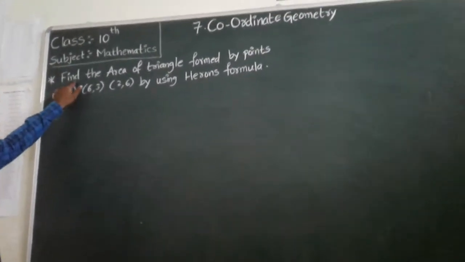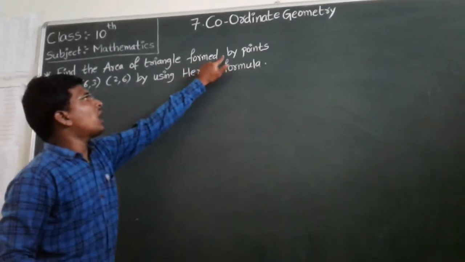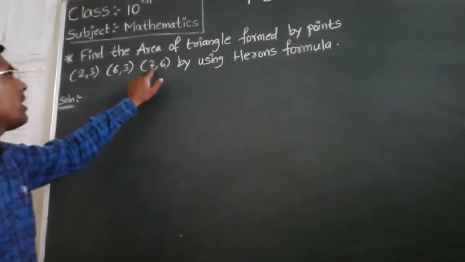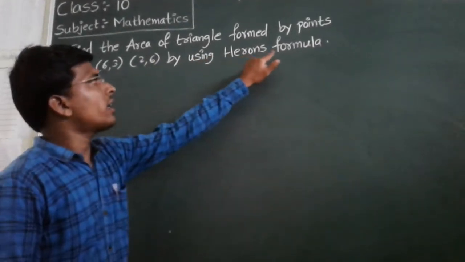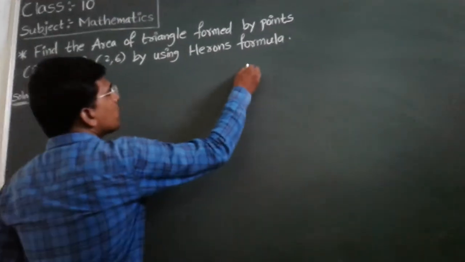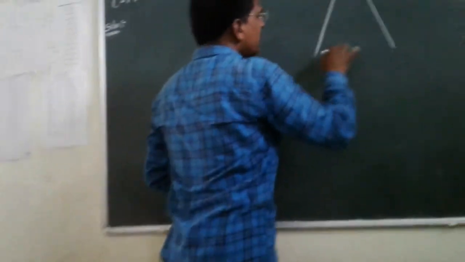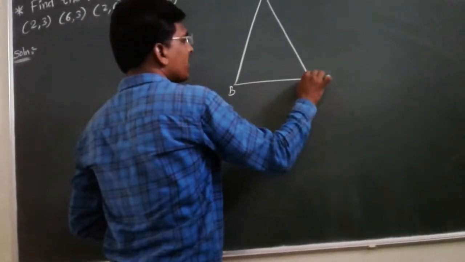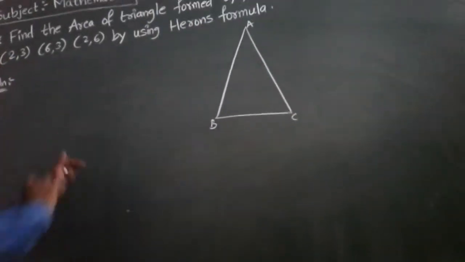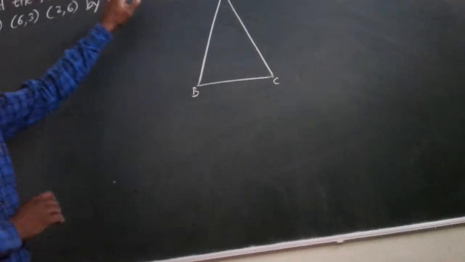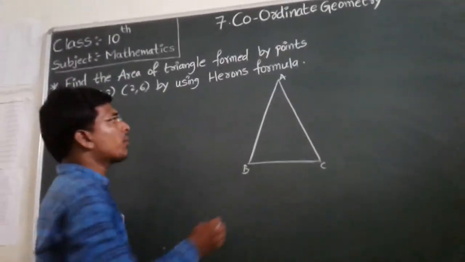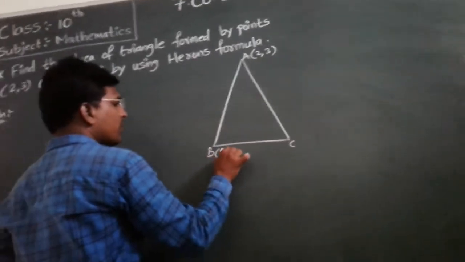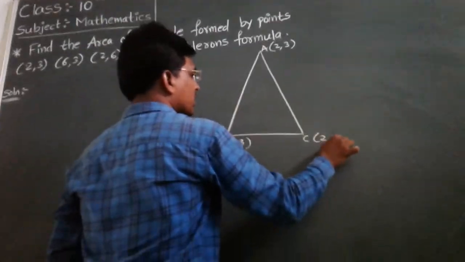Find the area of the triangle formed by the points (2, 3), (6, 3), (2, 6) by using Heron's formula. Heron's formula is useful when the three sides of a triangle are given. But here the three sides are not given, even though we are asked to use Heron's formula. So assuming A (2, 3), B (6, 3) and C (2, 6).